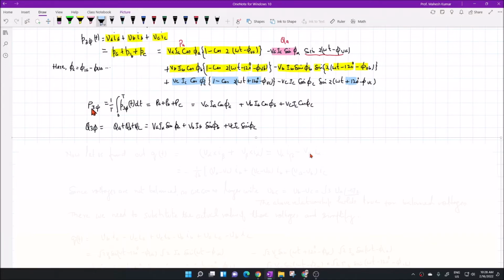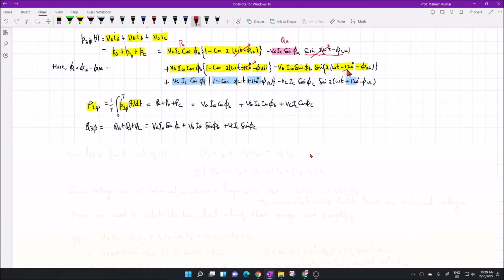that is capital P three-phase, is nothing but 1 by T integral from 0 to T of p three-phase(t) dt. You can see from these expressions that if I take the average, all the time-varying terms will go away.